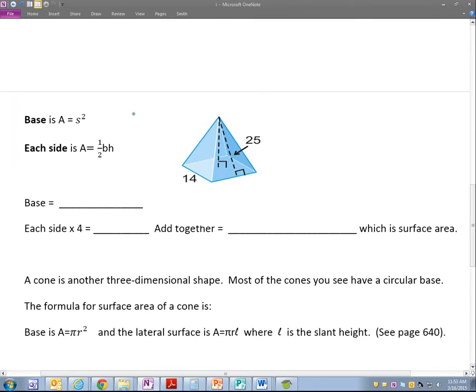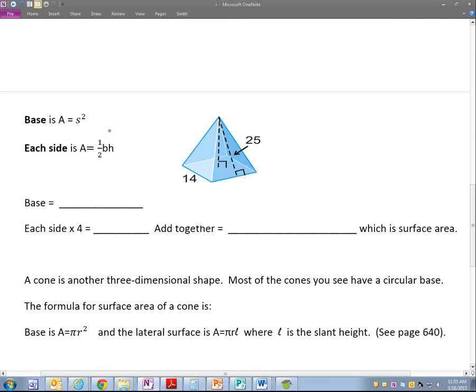These two are the area of a pyramid. If it's side squared for a base, and each side area equals one half base times height, you should recognize that as the area of a triangle. You'll be given it, but you need to remember what it's associated with.